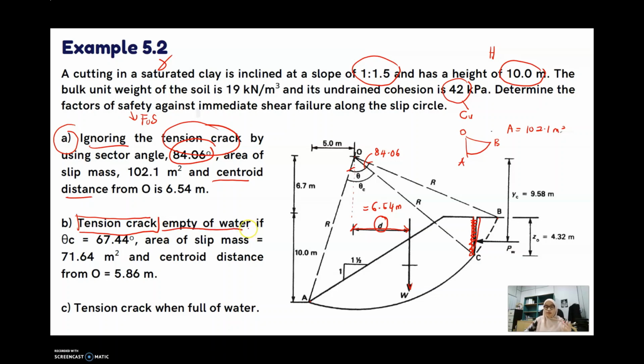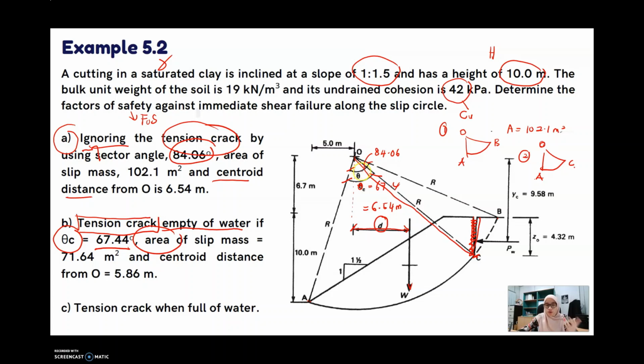And when the tension crack occurs, indirectly our theta C will change, so our slope will be here. So this is number 1. Number 2, you will have zero A and C, which means we have a new value of theta.